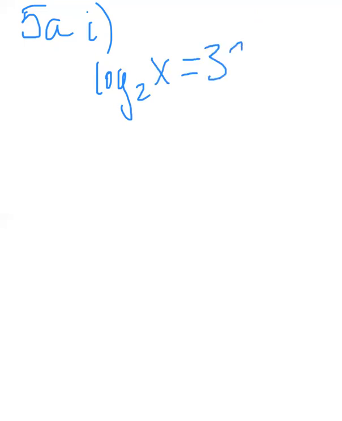5A. So I will do A, just the first part, and B, just the first part. So we have 5A, I. This is log base 2 of x equals 32. Since this is no calculator, I would assume that this is just expecting me to have x is equal to 2 to the 32nd power.